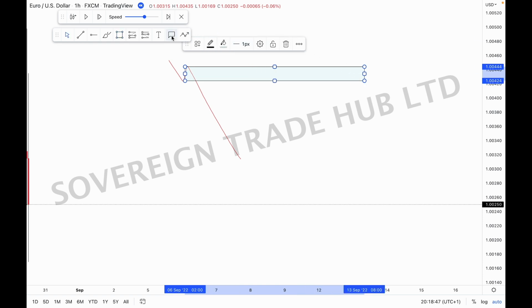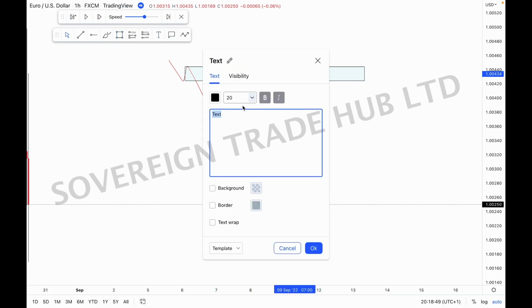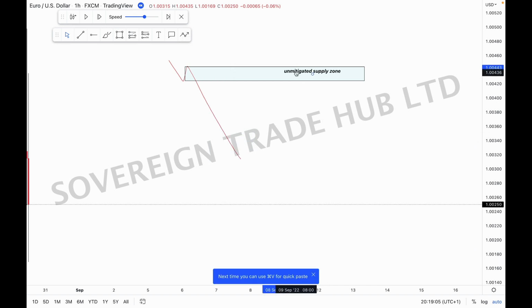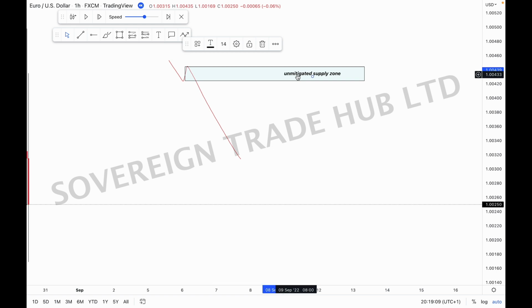Let's say there's a supply zone, an unmitigated supply zone. Let's say this is an unmitigated supply zone, and we are waiting for a demand trade, but price is coming from an unmitigated supply zone.